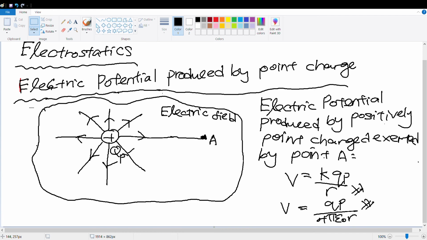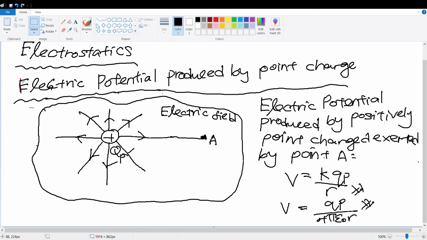If we have multiple charges, more than one charge, the electric potential produced by those multiple charges exerted at the point A, for example, is the sum of the electric potential by each individual charge. So let me give an example.